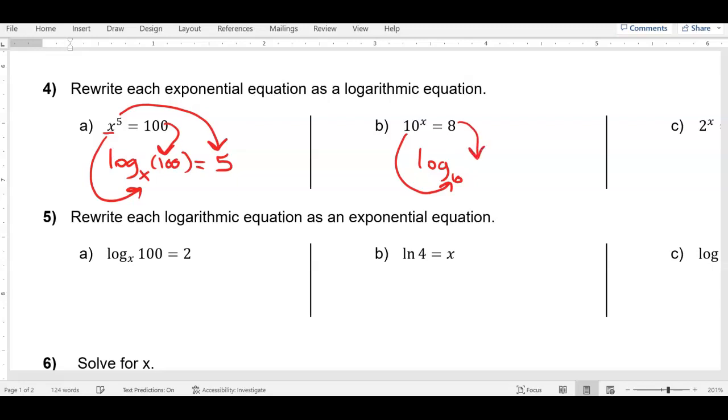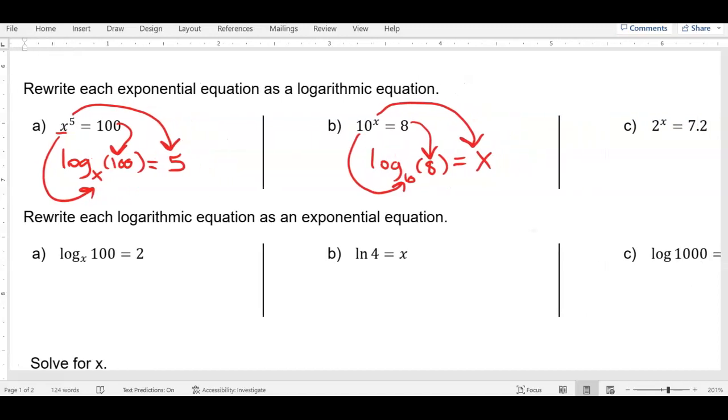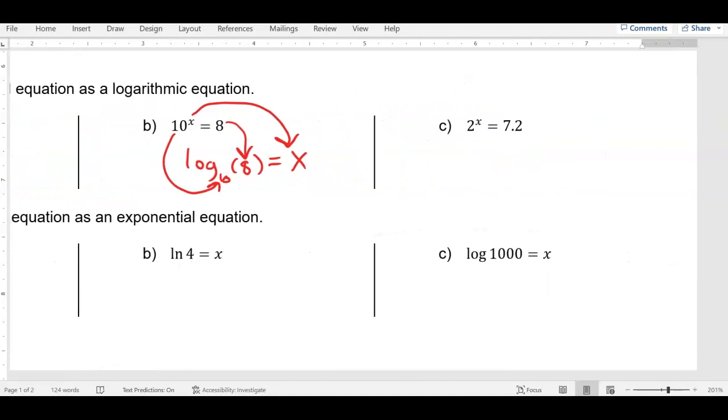What it equals to is my argument in the parentheses, and that equals the exponent. Remember, the exponent is the answer when you turn it into a log. Write the word log. The base is the little base. What it equals to is the argument in the parentheses. The exponent is the answer. Cool.